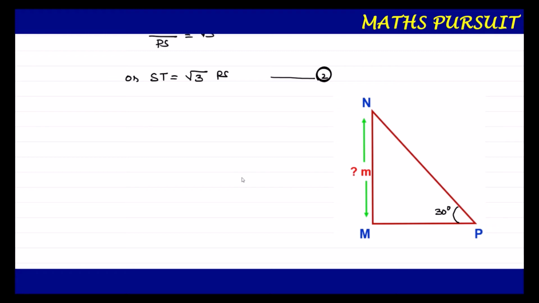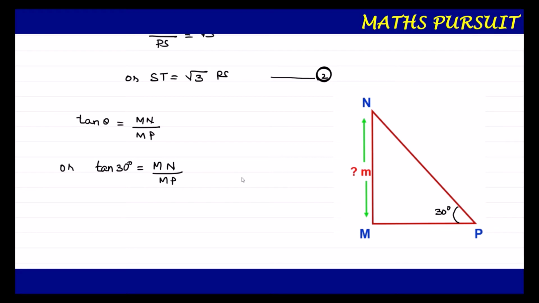Now again, let us focus our attention on this triangle and this diagram, and let us use tan theta. We very well know that tan theta is equal to MN by MP. Why? Because tan theta is equal to the opposite side of angle theta, which is MN, upon the adjacent side of angle theta, which is MP. Or I can write tan 30 degree, because here our angle is 30 degree, is equal to MN upon MP.